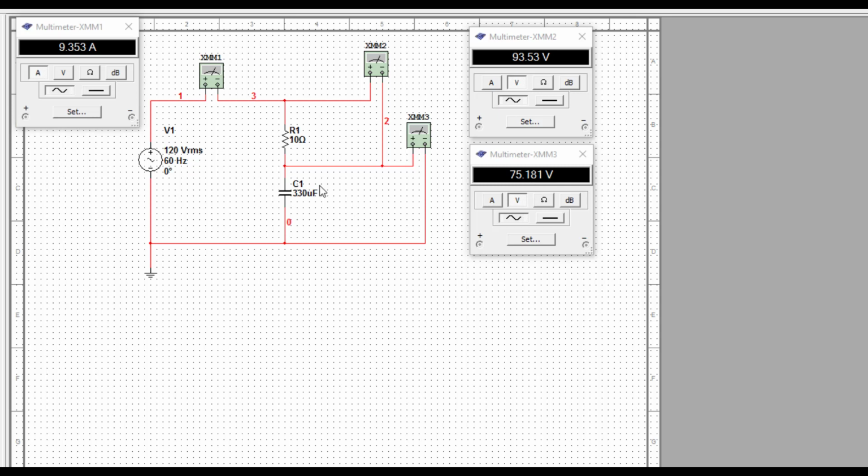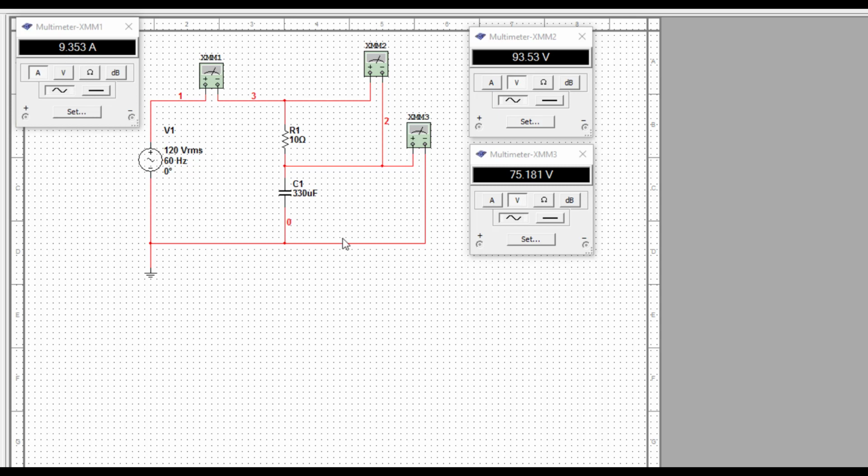And if you do, you would find that equals 120 volts. So that's proving Kirchhoff's voltage law for this arrangement, and our total impedance is what allowed us to calculate this magnitude of AC current.